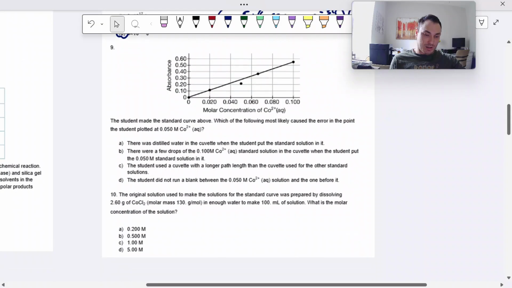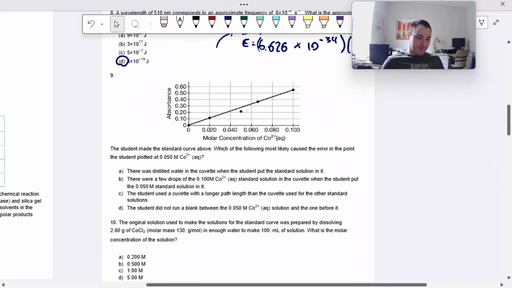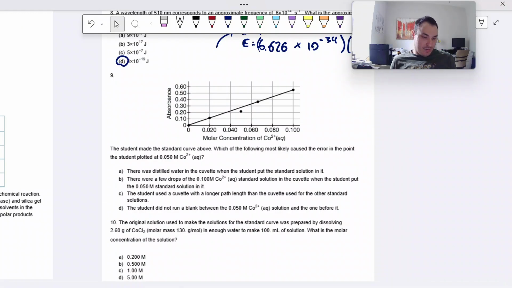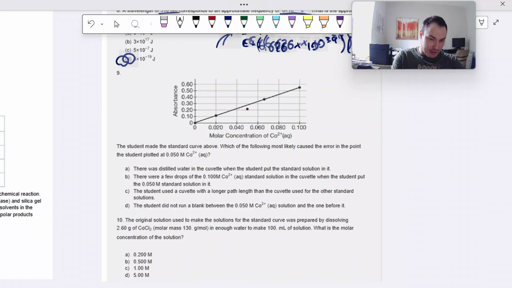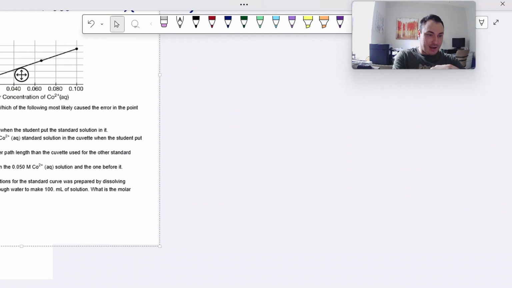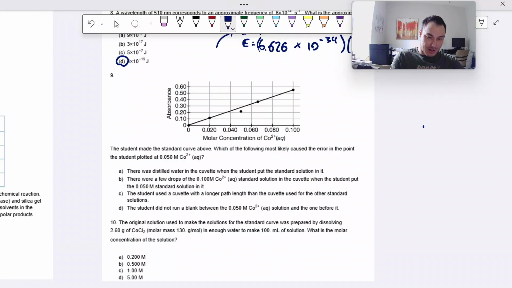All right, back to 9. We make this curve. What caused the error in that point? So this point right here is the outlier point. Every other point falls on our line.